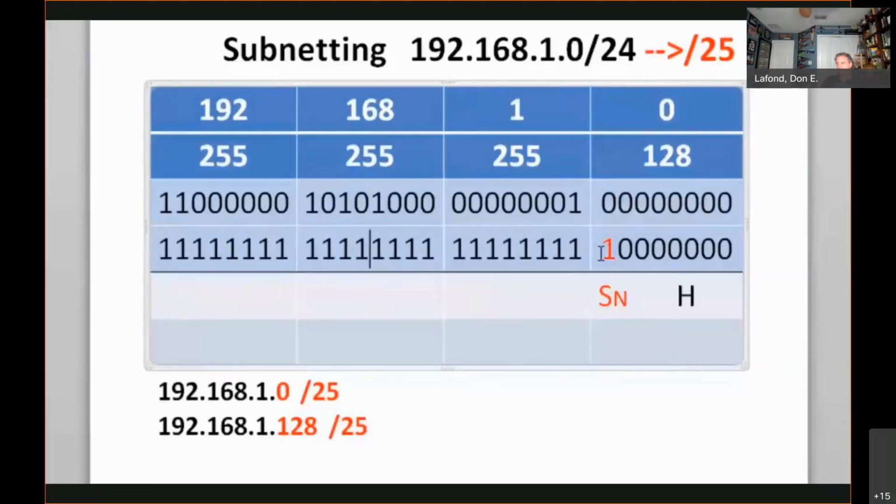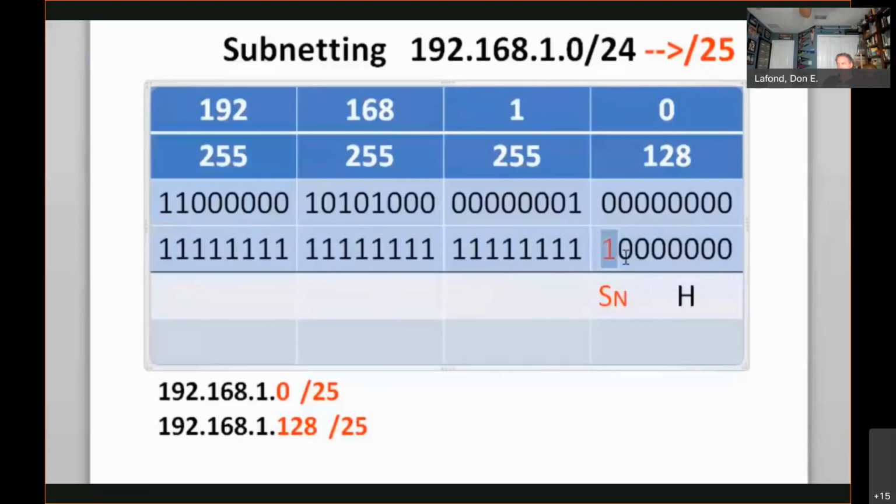If I borrow 1 bit from the host portion, I have 1 bit, or 2 to the first power, which makes 2 possible subnetworks. The subnetworks I've created are the 192.168.1.0 subnet and the 192.168.1.128 subnet, both /25.